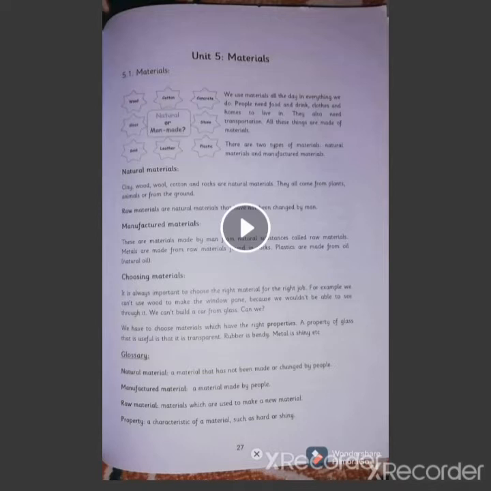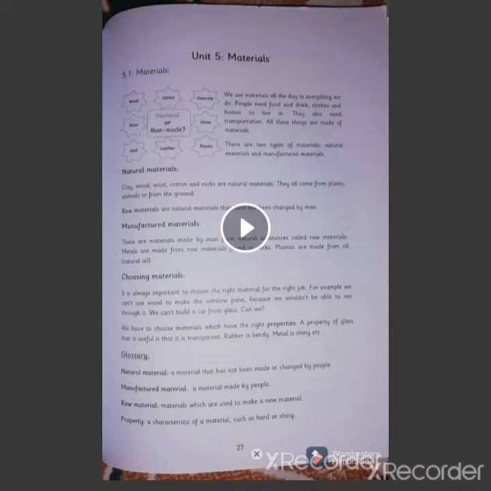We can see through it, that's why we use it. Rubber is bendy. It could hold a lot of stuff together or a big object and hold it all together. So it would help us a lot if we used rubber and not string, because string could easily get cut.